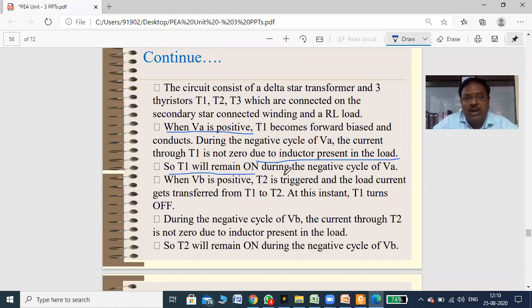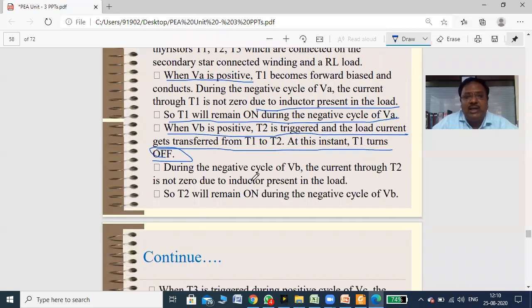So T1 will remain on during the negative cycle of VA. When VB is positive, T2 is triggered and the load current gets transferred from T1 to T2. At this instant, T1 turns off. During the negative cycle of VB, the current through T2 is not zero, again due to the inductor, and the same for VC.